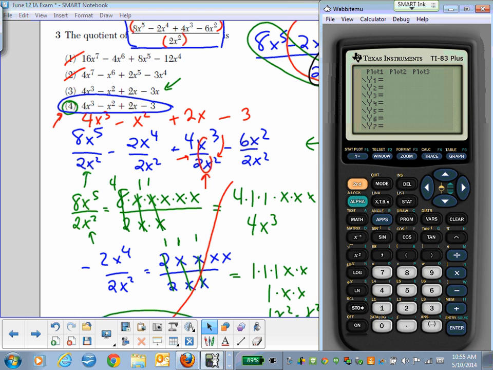I'm going to put in parentheses, 8x to the 5th, minus 2x to the 4th, plus 4x to the 3rd, minus 6x squared.